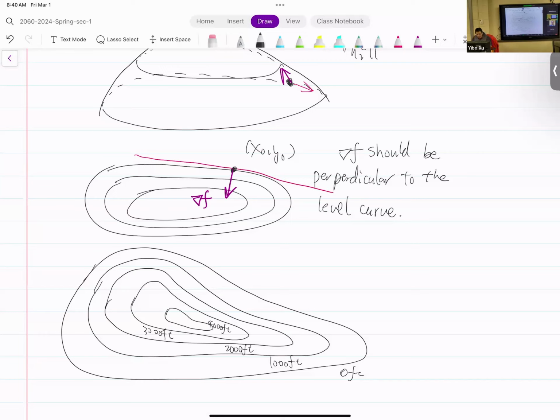So essentially, when we try to maximize the functional value, we just want to go uphill, right? But then to do an iterative computation, what do we do? So let's say we start at this point, and then, if you want to just graph it, what you can do is draw the tangent line, right? So that tells you the direction that your gradient has to be perpendicular to.